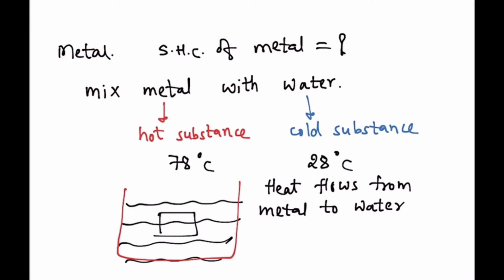Is it possible that the container does not absorb any heat energy, or that heat is not lost to the environment? No, it is not possible. Some of the energy released by the metal is absorbed by the container, and some energy is lost to the surrounding also.